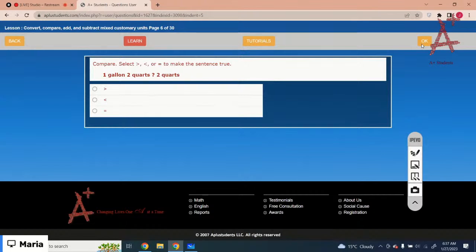So which is greater? So 1 gallon, 2 quarts is greater than 2 quarts. Got it?